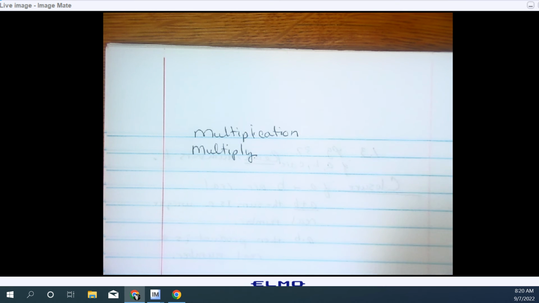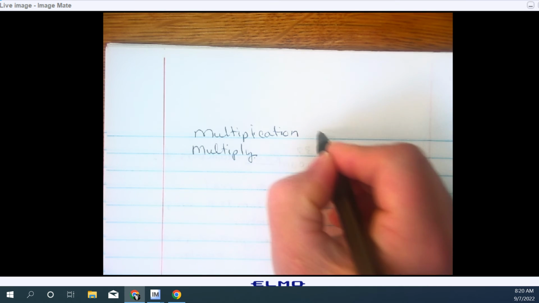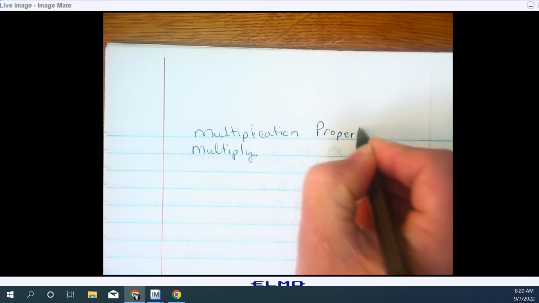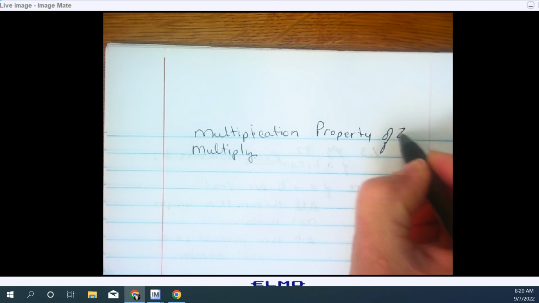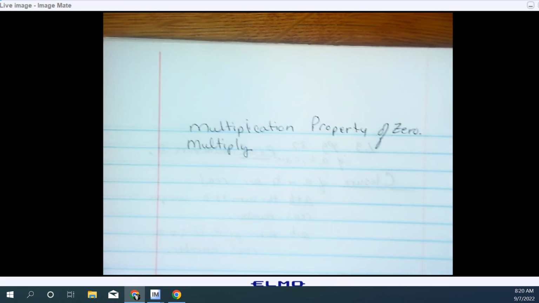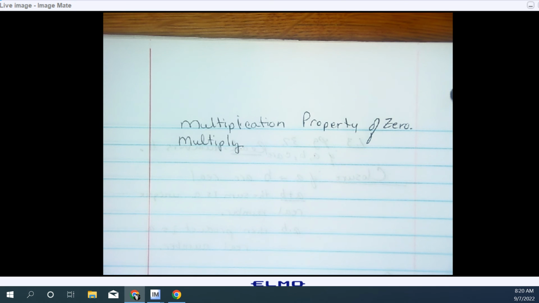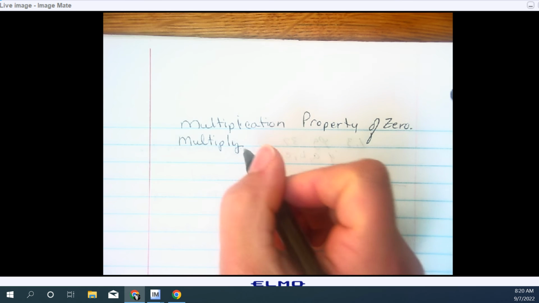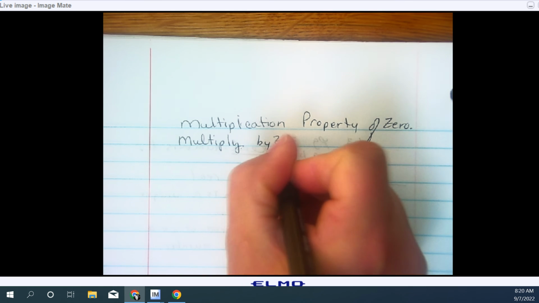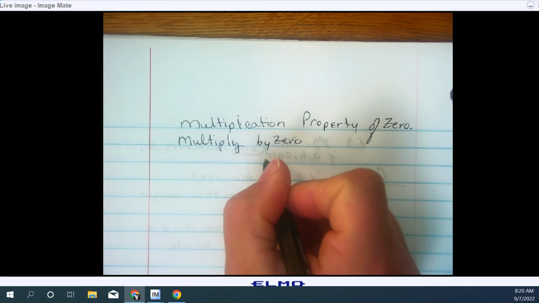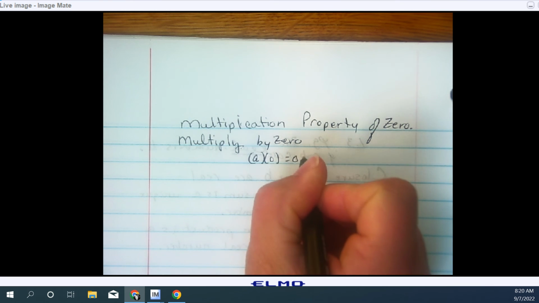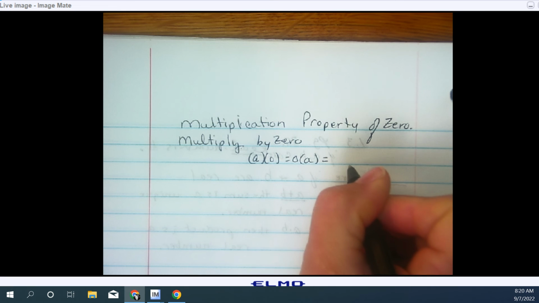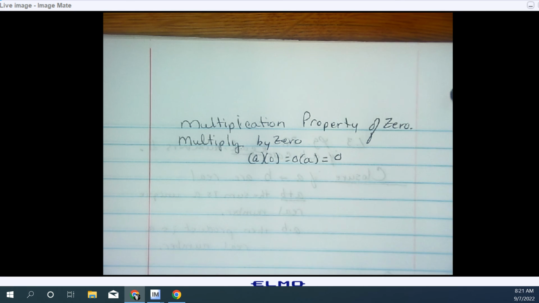Multiplication, it's multiplying. Okay, so multiplication property. So I'm multiplying multiplication property of 0. What am I multiplying by? 0. So if you are multiplying by 0, that's the multiplication property of 0. And a number times 0 is equal to what? 0 times any number is 0.